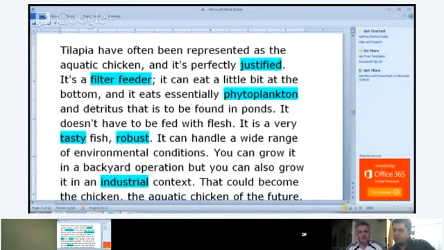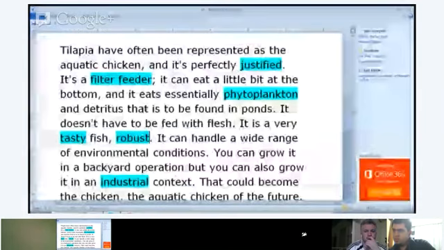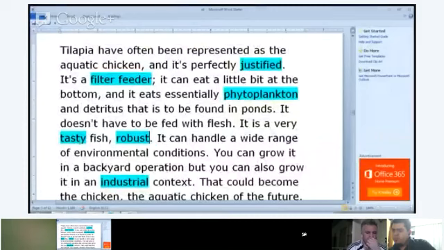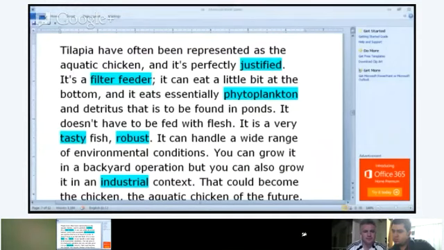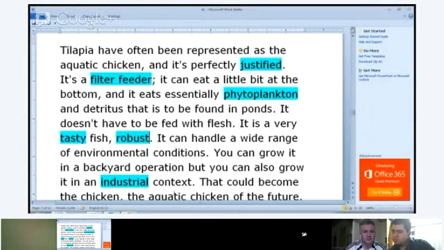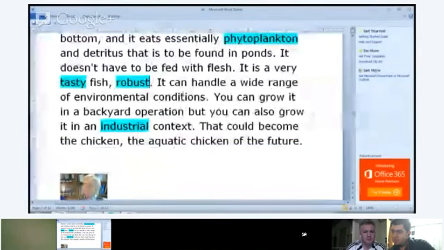What is tasty? What does tasty mean? I wrote that in the text box at the beginning of the class. The taste of tilapia is good. Yeah, it has a lot of flavor. It's delicious. Yeah, it's very flavorful. And it can be grown in a lot of different situations.